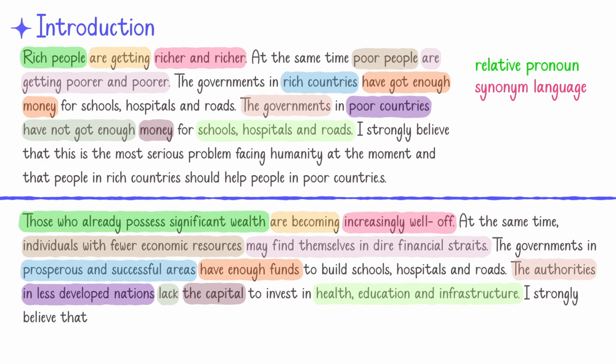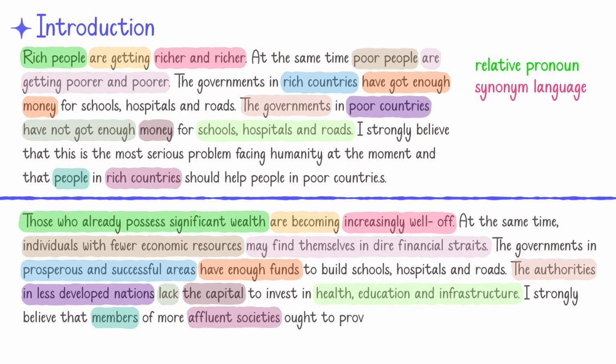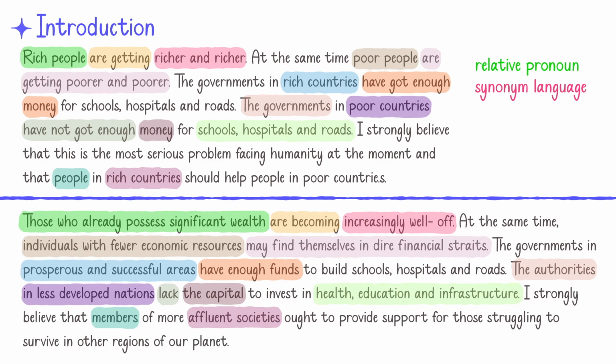So we can write from this aspect. I strongly believe that members, instead of people, we can write members, of more affluent societies. Affluent societies means rich areas, rich countries, right? Affluent societies ought to provide support for those struggling to survive in other regions of our planet, right?